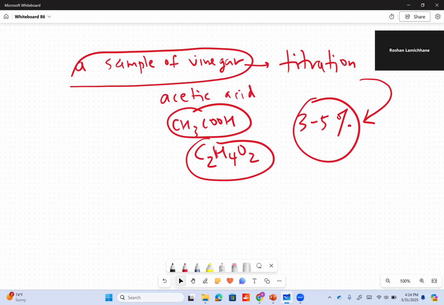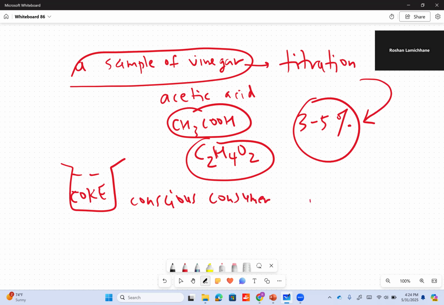So basically the idea behind titration is, for example, let's say I have a can of Coke. Now let's say I'm a conscious consumer and I realize that Coke contains phosphoric acid.